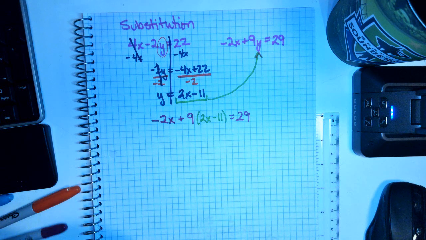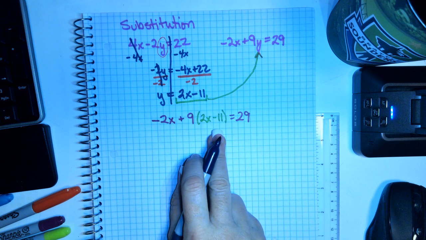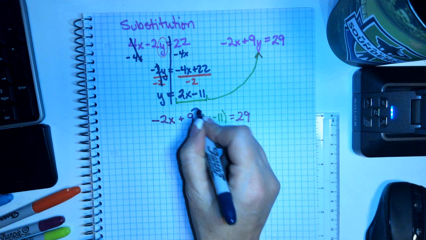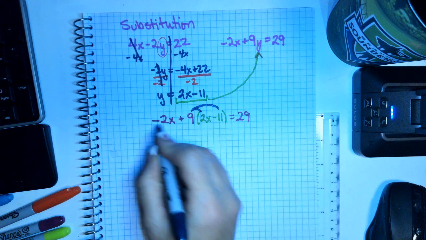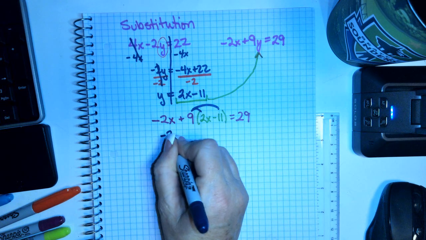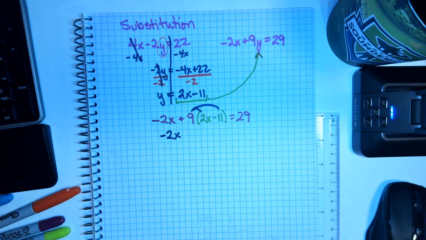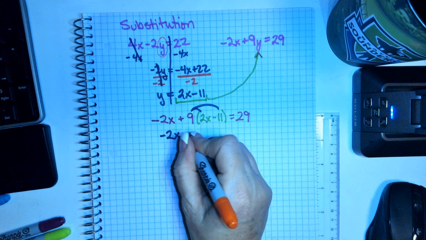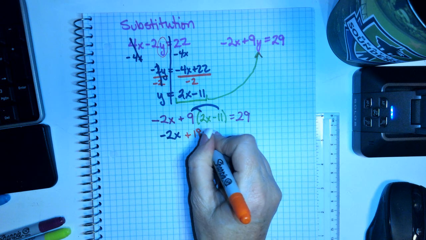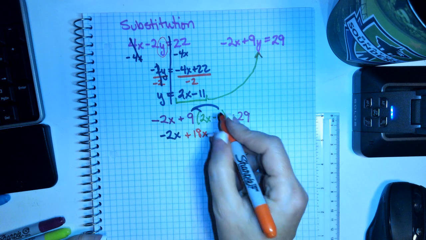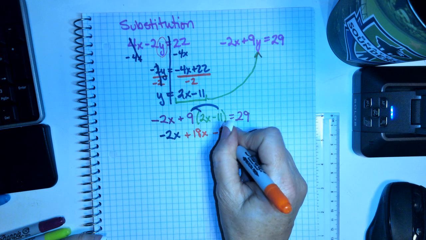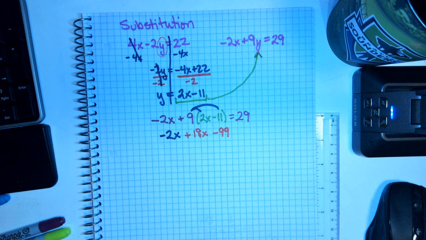Now I'm going to simplify. And I'm going to start here with the parentheses and use my distributive property. So that's going to give me -2x. Here I'll have plus 18x minus 99. Oh, those are some big numbers.